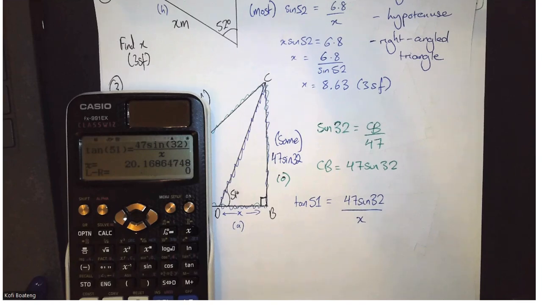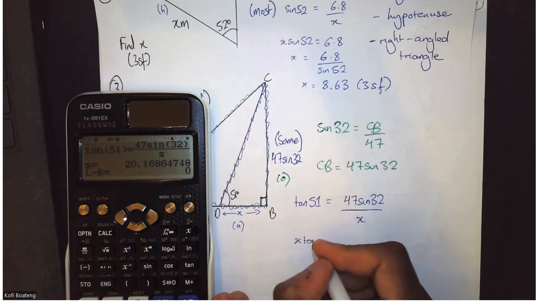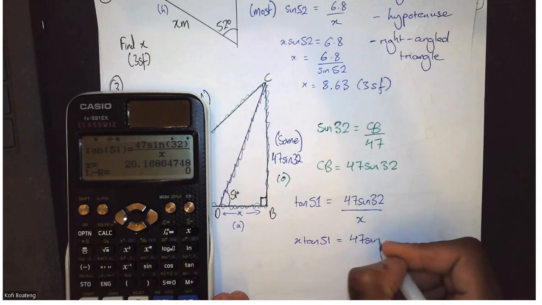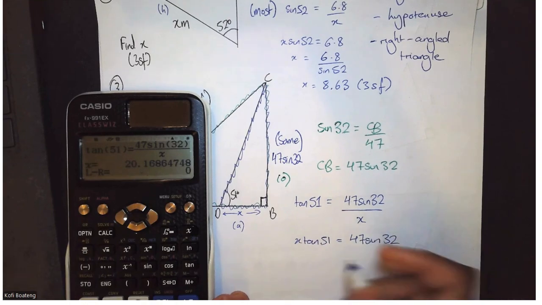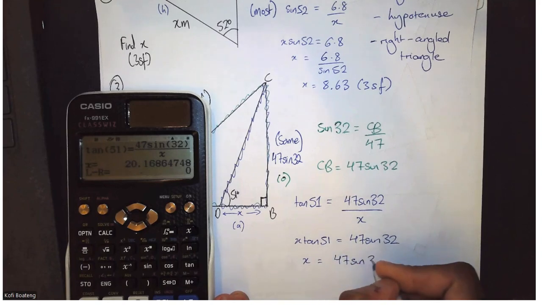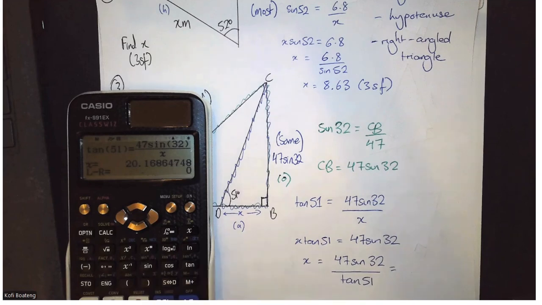So in order to do this, we times through by x, so we get x tan 51 is equal to 47 sine 32. And therefore, x is equal to 47 sine 32 divided by tan of 51. And I know the answer is going to be 20.2, but I'm just going to show you had I not used the verification.